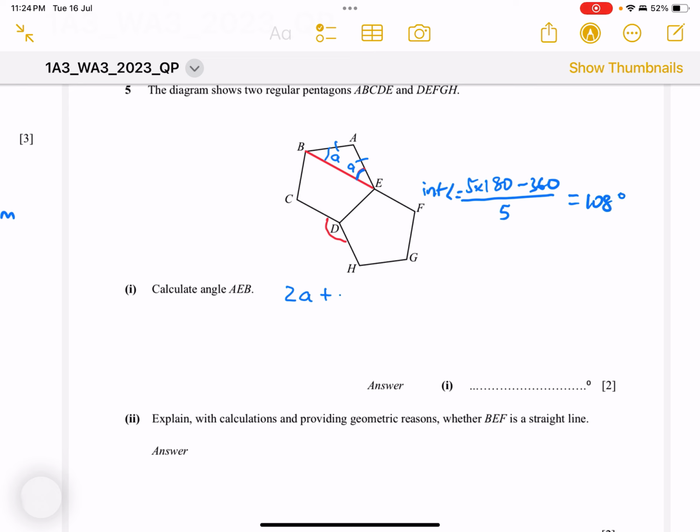So now 2A plus the interior angle is equal to 180, and this is the angle sum of a triangle. That gives us A is 36, and therefore angle AEB is 36.